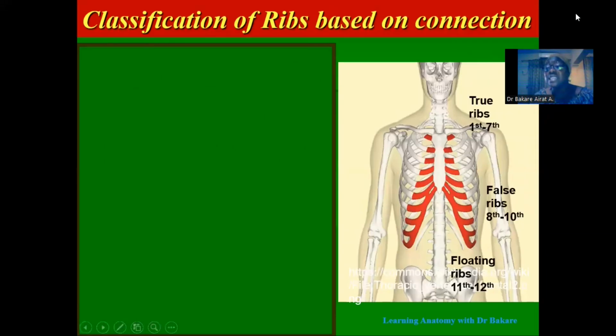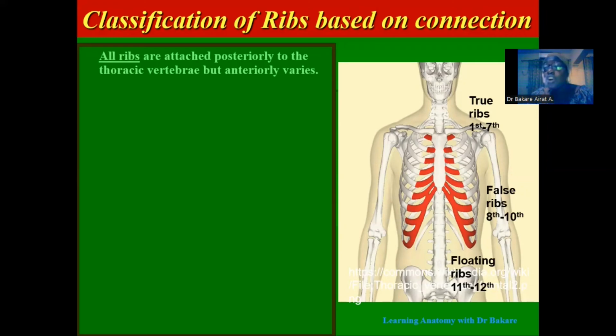Going further on classification based on attachment, it is good for us to establish that in the thoracic cage, we have the thoracic vertebra posteriorly and we have the sternum anteriorly. Then we have the ribs spanning between the thoracic vertebra posteriorly and the sternum anteriorly. So that is the basic pattern that is seen in the thoracic cage. But even though all the ribs are structurally connected to the thoracic vertebra posteriorly, in the anterior region is where we have this variation.